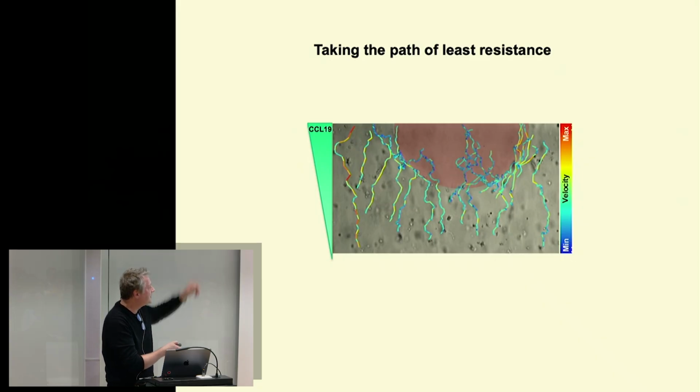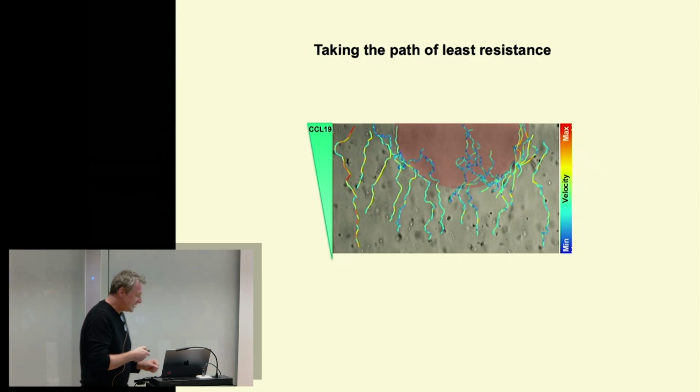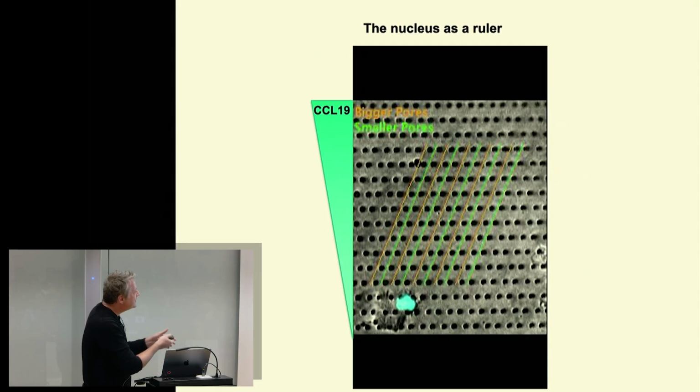So they're very good at migrating up this gradient. And the point is that we have a pillar forest that has dense spots and not so dense spots.